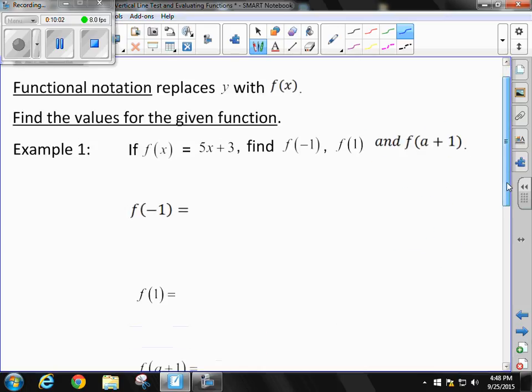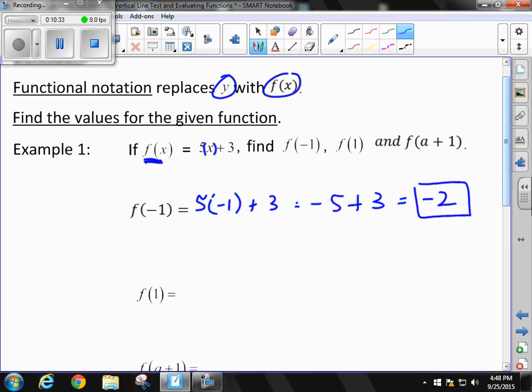Okay, on functional notation. When we use functional notation, we replace y with f of x. You see they just wrote f of x here instead of y. So we'll start off f of negative 1. That means we're going to wrap our variable in parentheses and replace x with negative 1. 5 times negative 1 plus 3. 5 times negative 1 would be negative 5, plus 3 would be negative 2.